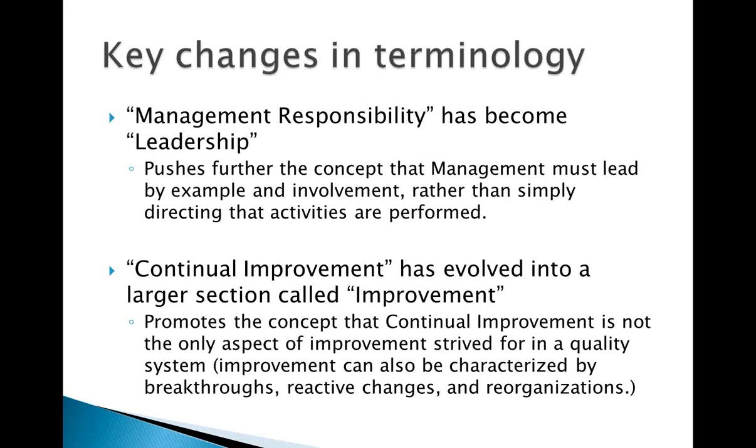You can also have breakthroughs, you can have reorganizations, and these are no less credible as examples of improvement. So they've kind of retooled that section a bit to present a broader picture of what is improvement.